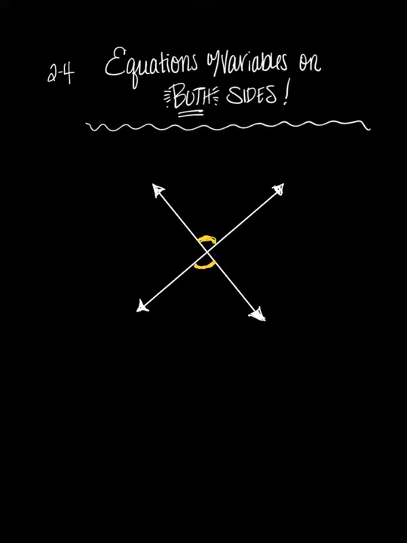So let's say that you know this angle up here is 6x plus 3 degrees, however many degrees. It could be 40 degrees, could be 80 degrees, could be 92 degrees.